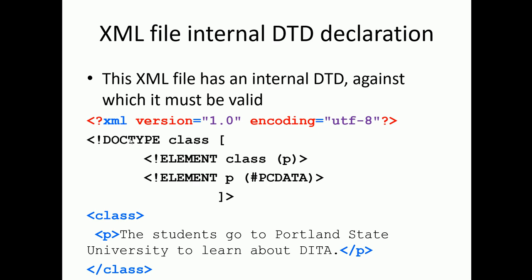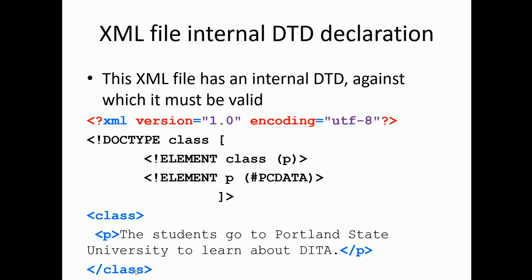An XML file with an internal declaration looks like this. It has the XML declaration. It has a doctype declaration. In this case, the doctype or the DTD is actually embedded within the file. They're usually not, but I'm going to start off with that example. So in this case, we have a doctype class. It says that we have an element.